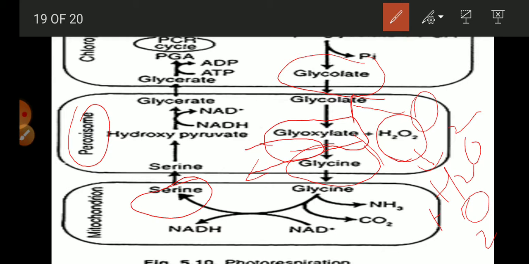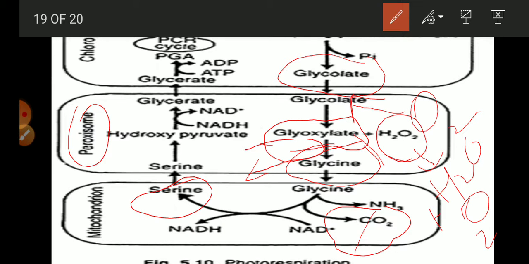In that reaction, a reduction of NAD is done, and then we get NADH. Ammonia will go for further detoxification, and carbon dioxide will definitely increase in the cell. When carbon dioxide increases, Rubisco will again join RuBP with this carbon dioxide.